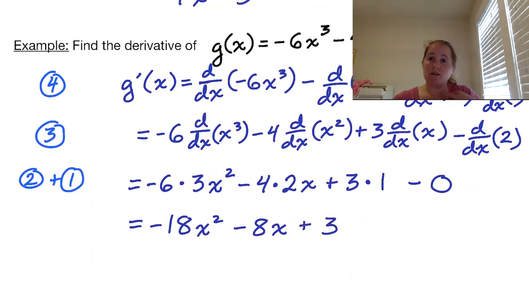Now, when you do these yourself, as you get more comfortable with them, you do not need to write out all of these steps. So I typically would jump straight to this third line. So as you get more comfortable, you can jump straight to this line.